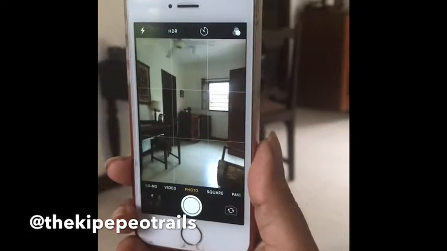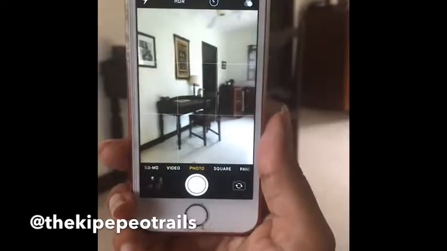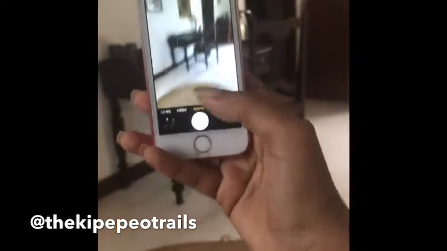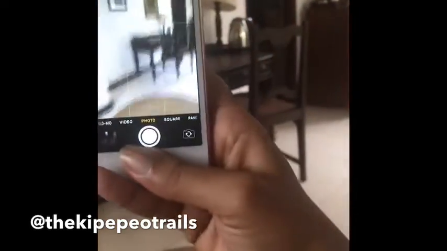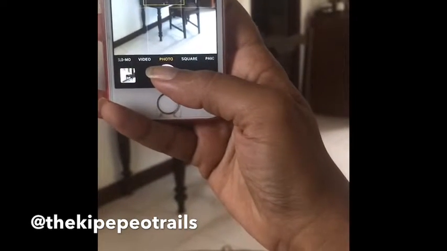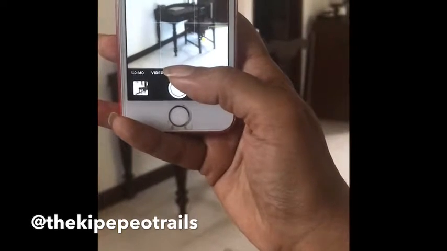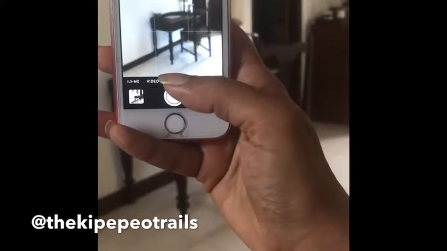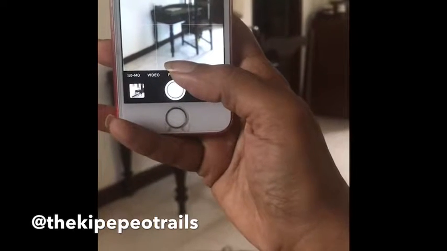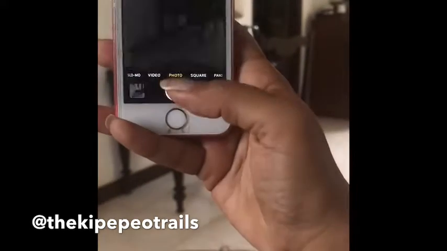So when we say focus on one subject, there's a lot happening here. So let's pick a subject and let's focus. I'm going to pick the chair as my subject, and I'm going to try and light it up just a little by tapping. But I'm going to try and keep the center of attention on that one subject.